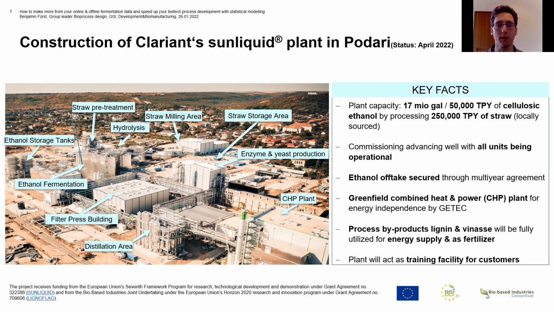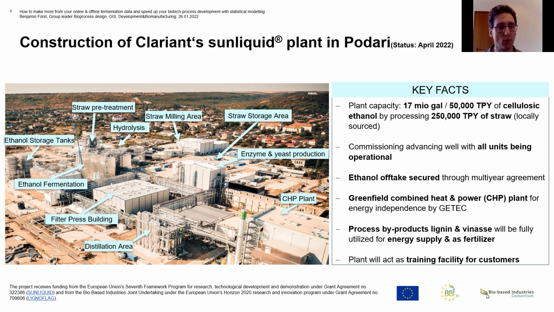The size of the buildings and the equipment there are, in biotechnological terms, really tremendous. And I see this as a real flagship for biomass conversion here in Europe. In my opinion, that is one of the major biotechnology projects we have in Europe at this time. And it really makes me proud to see that we are turning our Sunliquid technology from bench scale to production scale.